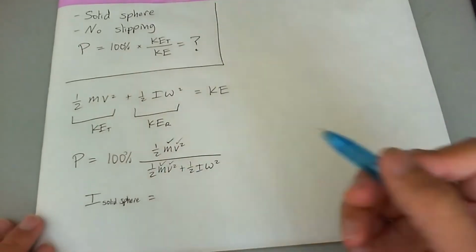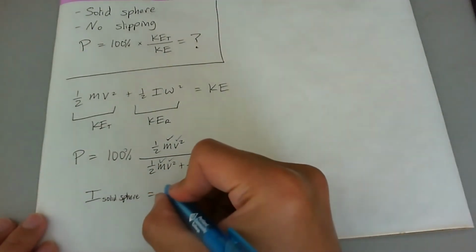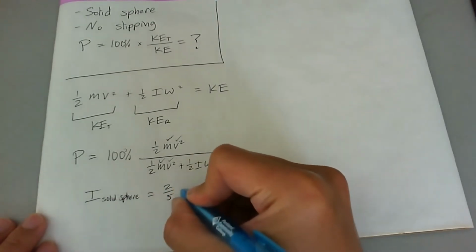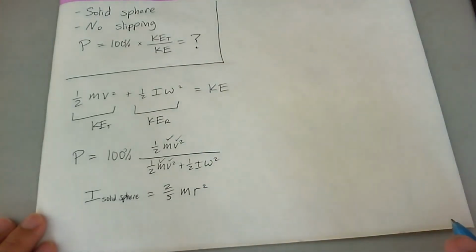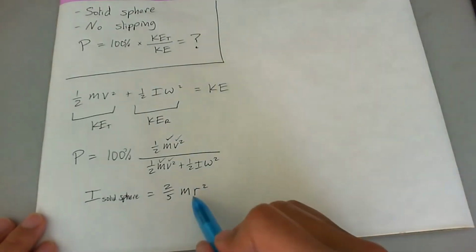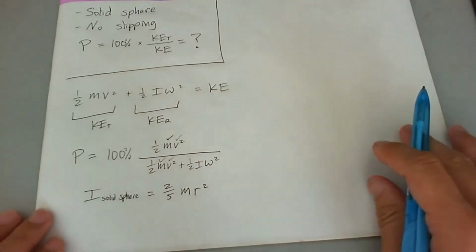And to do that, I look up on the internet for a solid sphere: what is the moment of inertia? The moment of inertia equation is 2/5 mass of the sphere times the radius of the sphere squared. I'm a little worried because I'm introducing a new variable r, but let's rest assured that this will eventually phase out.